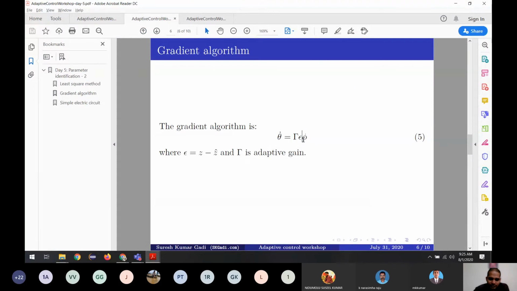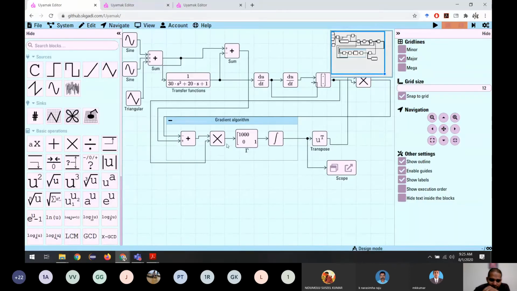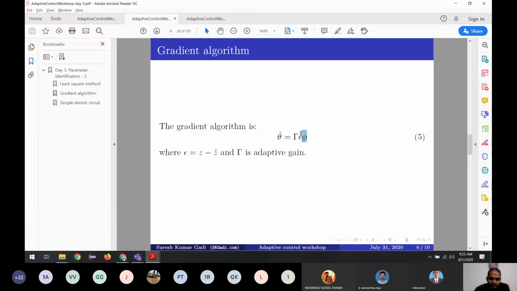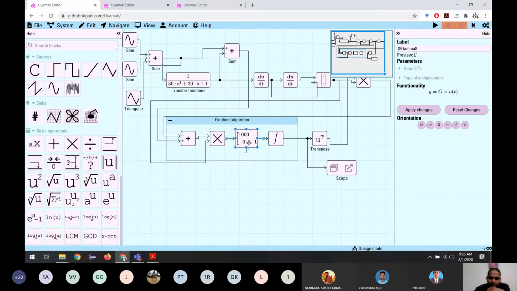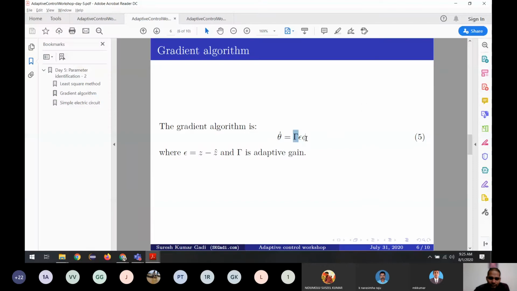The epsilon we are multiplying with phi. So here the order is very important. The first term is epsilon, the second term is phi. And both of them we are multiplying with gamma. So I put gamma. So here, the gamma should be multiplied before these two.